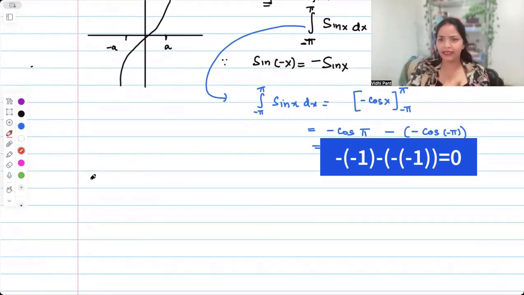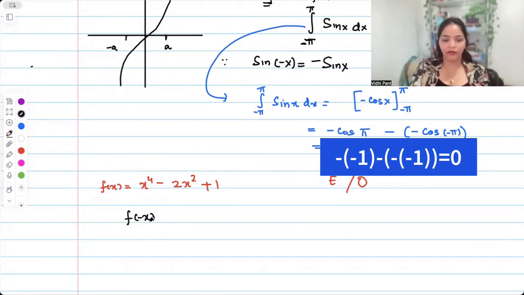Okay, let's test a function for odd and even. Well, f(x) is equal to x to the power 4 minus 2x square plus 1. Is this odd? Is this even? You need to check for f of minus x.